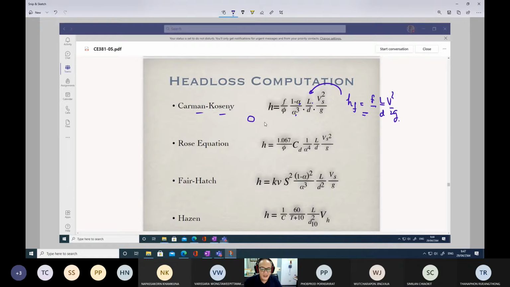But if it's a kind of crushed material like anthracite or coal, the head loss generated due to this kind of factor is totally different from this one. That is why they put the shape factor here. And then we need the drag coefficient here.